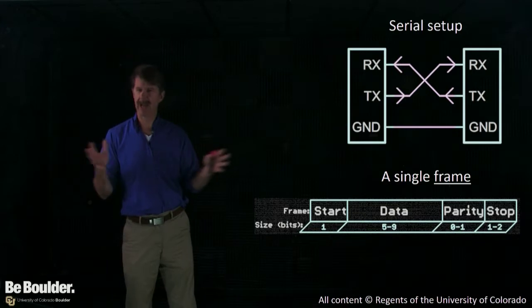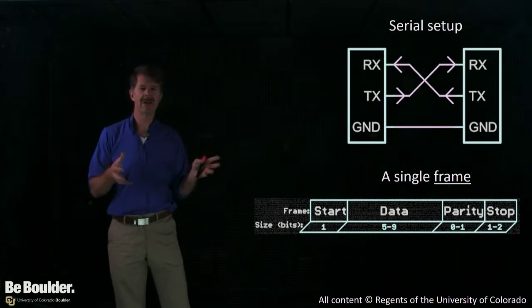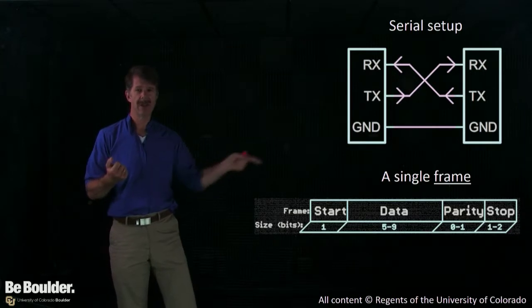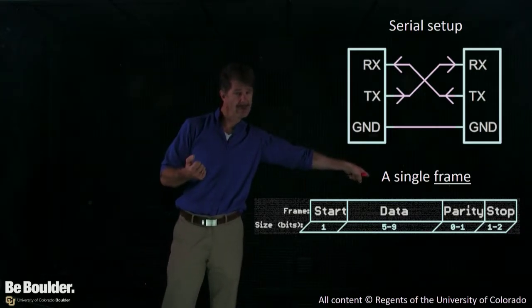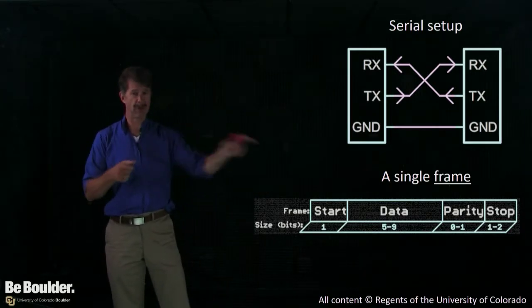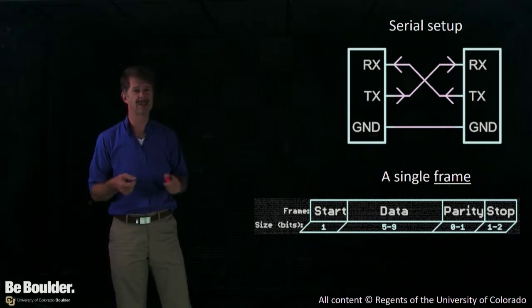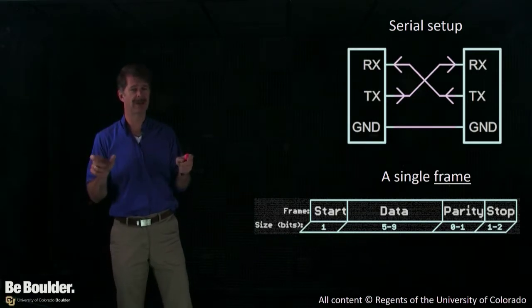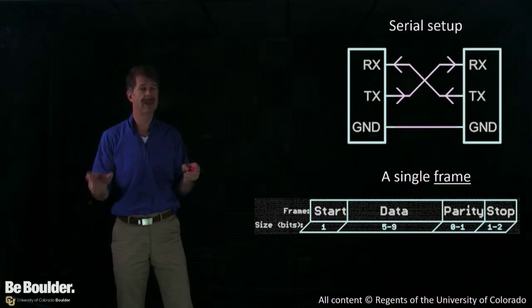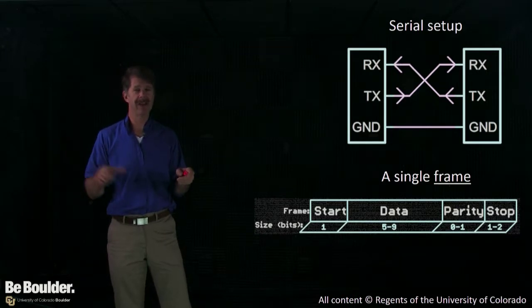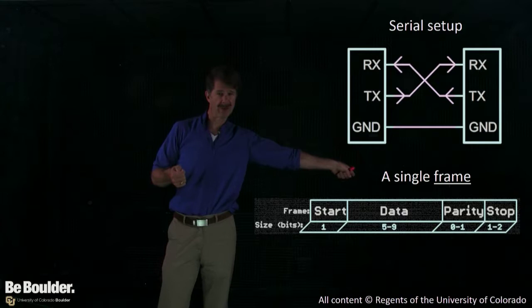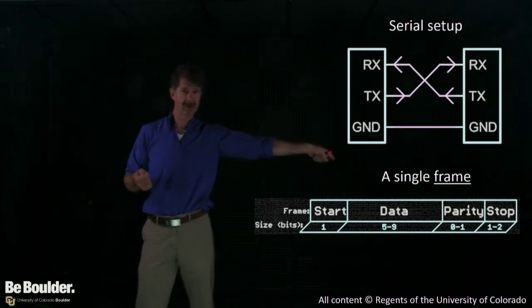There is an entire field of electrical engineering which deals with error detection and error correction codes. They take more and more room because you're putting more and more data in the slot that says parity there, but they can, in some cases, actually not just detect that an error has been made, but they can correct the data and they can bring it back. It seems like that's a loss because you're spending more and more of your time transmitting this error correction.